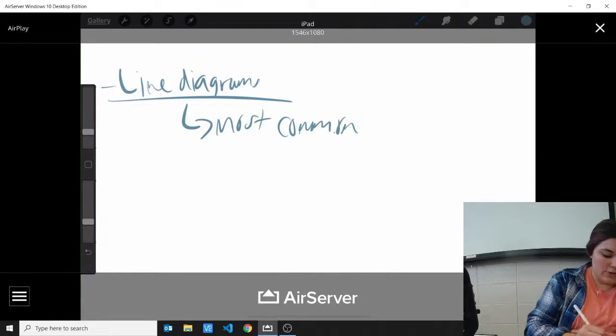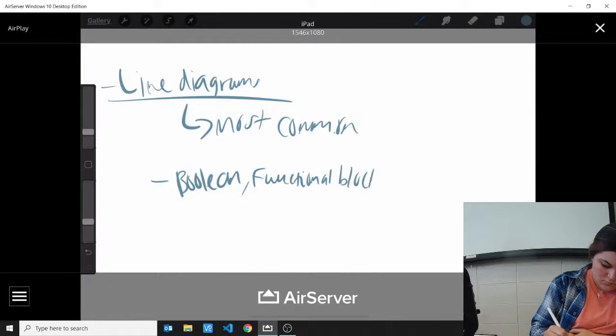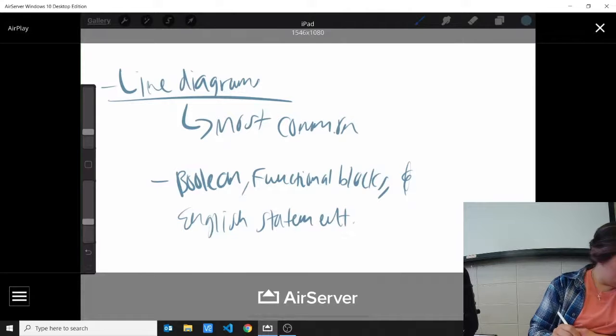So other languages might include Boolean, which you're touching on in digital, right? You're starting to learn about Boolean, functional blocks, and English statement. Functional blocks and English statement are higher level languages, required to execute more powerful operations.